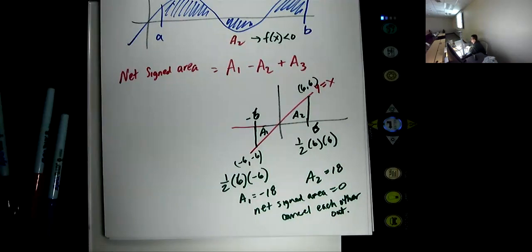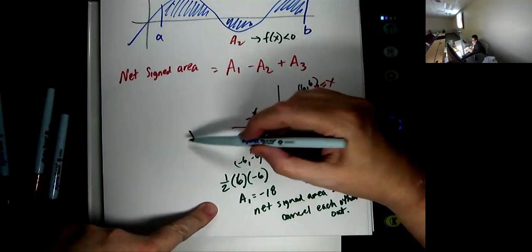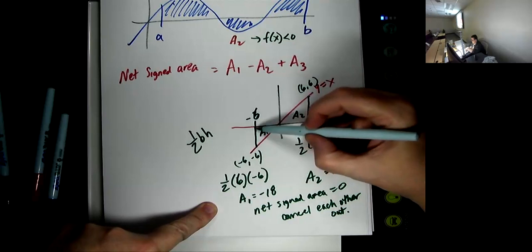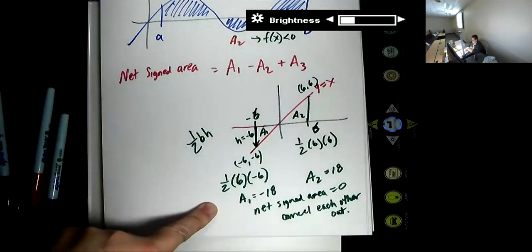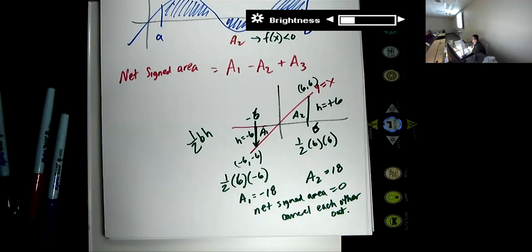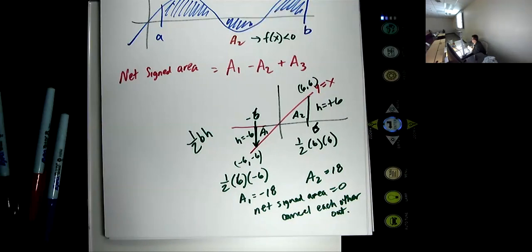Does that make sense? This is 1/2 base times height. I did 1/2 base times height on each of them. But the height here is -6, and the height over here is +6. That's net signed area.